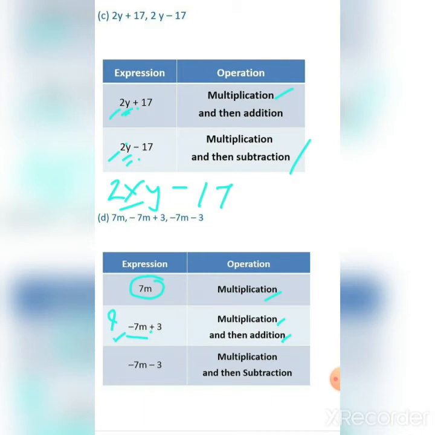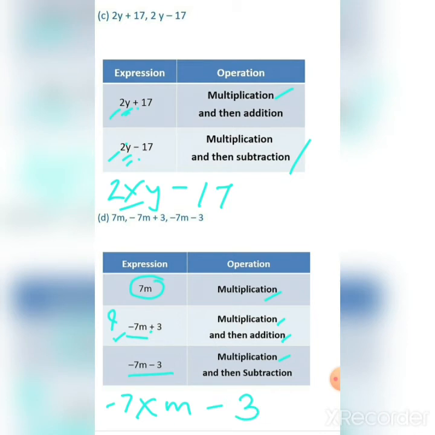Similarly, minus 7 into m is multiplication and then minus 3 is subtraction. If I write this in elaborated form, it will be minus 7 into m, then comes the minus and 3.